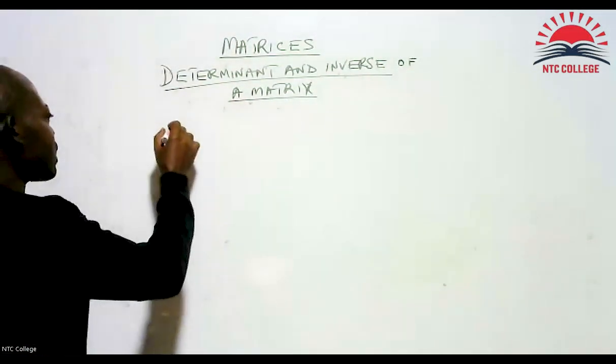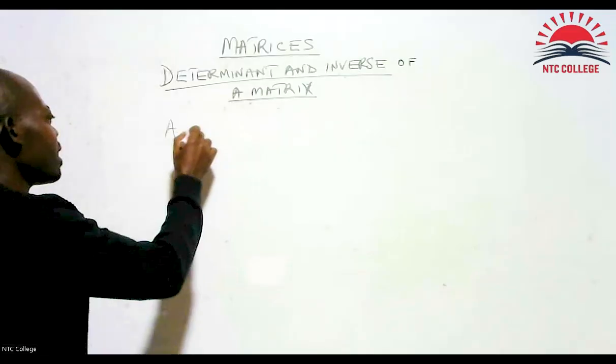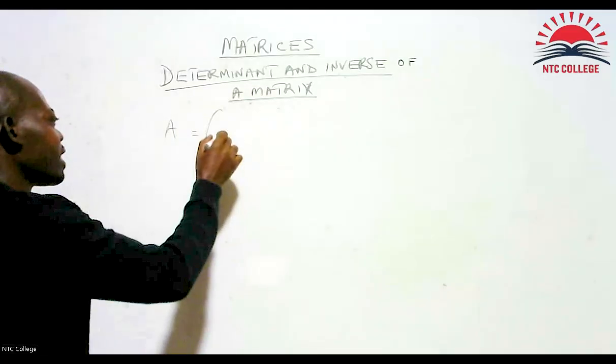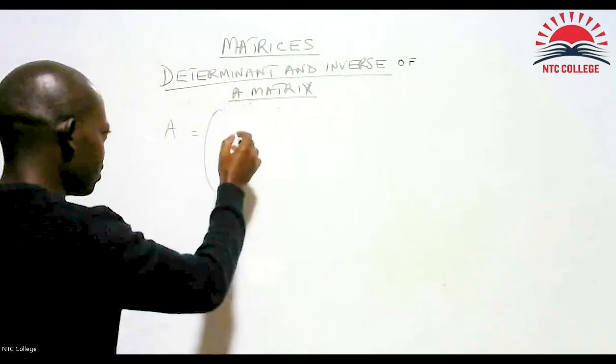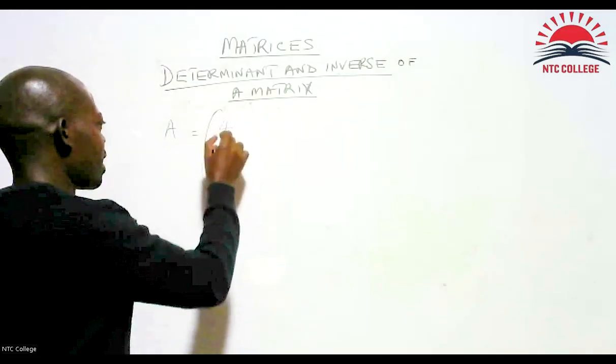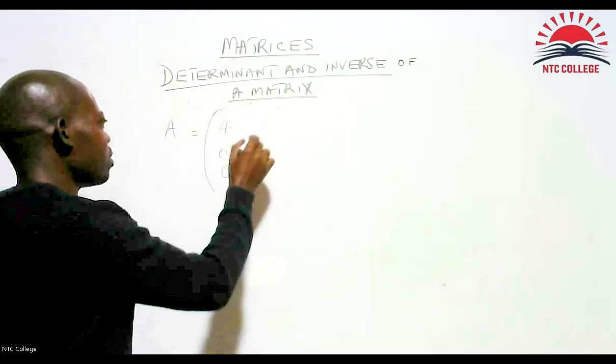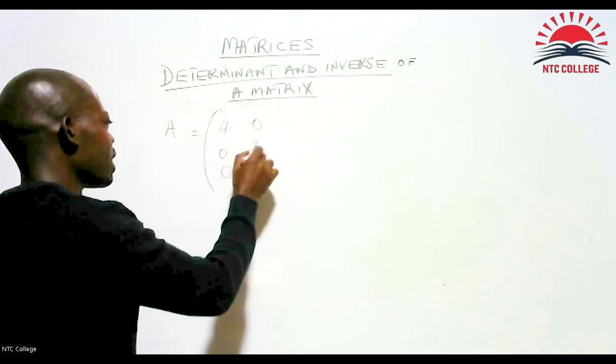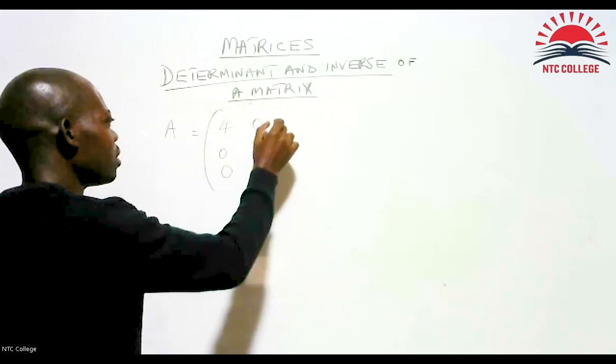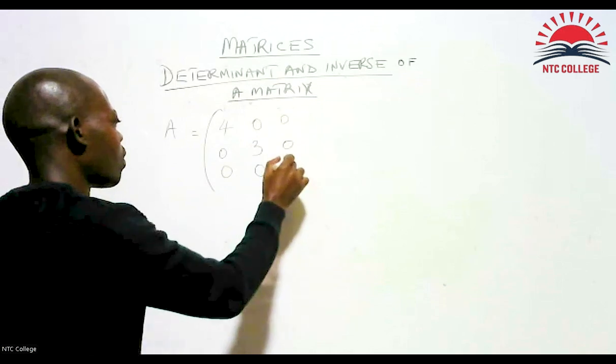This is the case of diagonal matrix, A being the matrix defined as, let's assume it is given by 4, 0, 0, 0, 3, 0, 0, 0, 1.